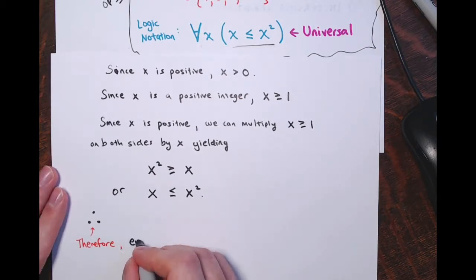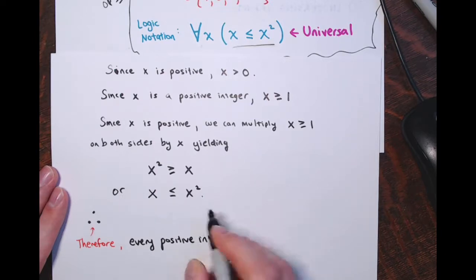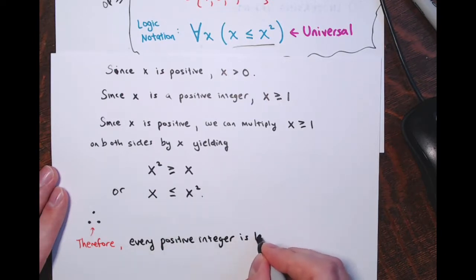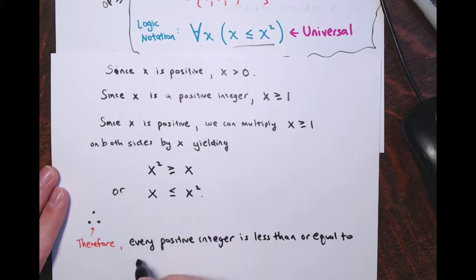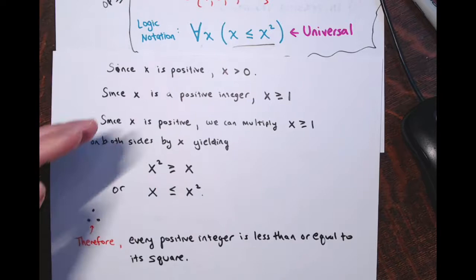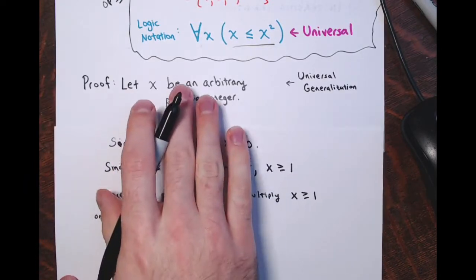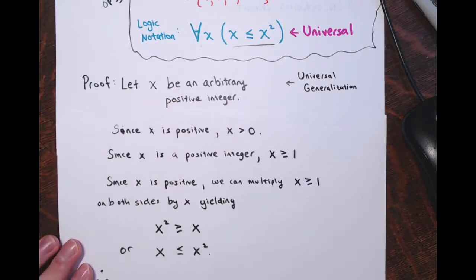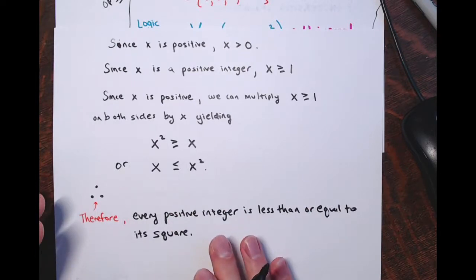Every positive integer, which is what x represents, every positive integer is less than or equal to its square, right? x squared. Right. So, and you finish with what you were trying to show, right? Start with something basic, keep writing true statements and reasons, and finish with what you were trying to show and state that.